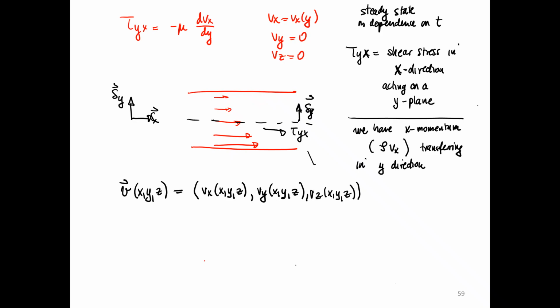So first, since we started at tau yx across y plane, I can look across that same plane in a general fluid. So if I have now an x, y, z situation, most often I say this is x, y, z, so I'm going to keep that. So where is my y plane in this coordinate system?